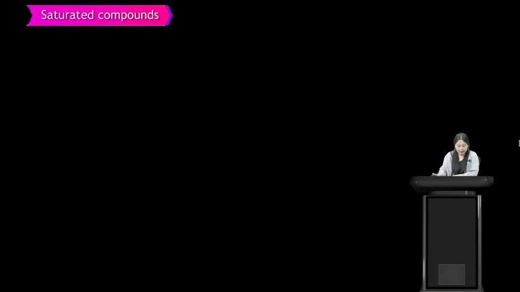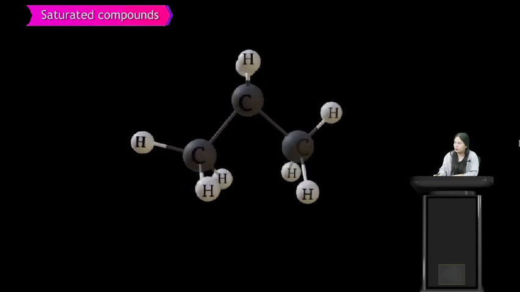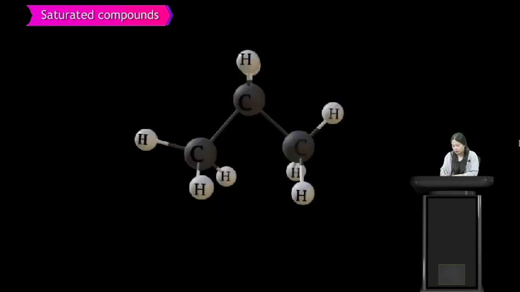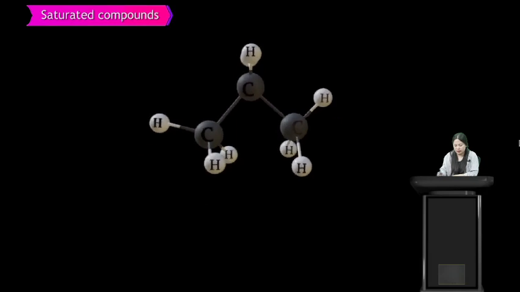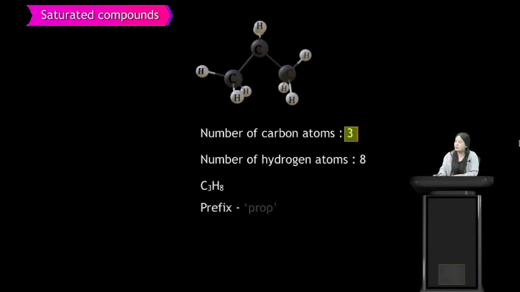Okay, let us see another example. We have another compound here having 3 carbon atoms and 8 hydrogen atoms. So here the number of carbon atoms is 3 and the number of hydrogen atoms is 8. So the chemical formula of this compound will be C3H8.